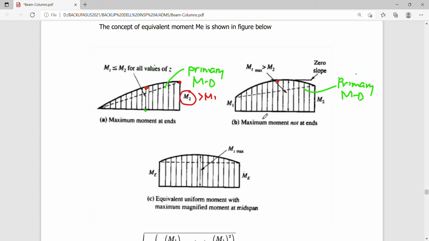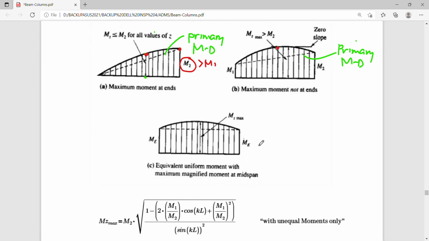Okay, and this too explains now the consideration of having a Cm value for brace columns or brace frames, because there's a danger that your M2, or sorry, your maximum moment will lie not at the ends, but rather at the middle of the beam span or the beam column span.